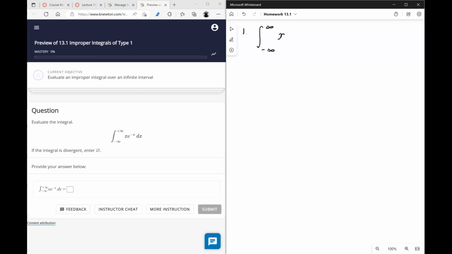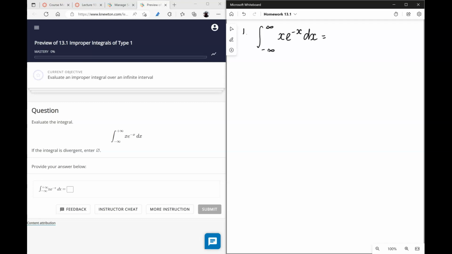both limits of integration. The way we address the issue of having infinities in both limits is by using the subdivision property and splitting the integral into two.